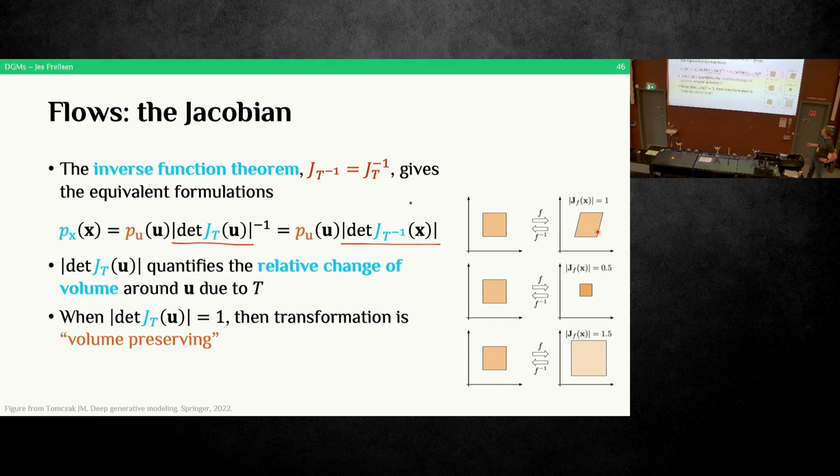Then I get out a square with the same volume. You can also think that if you get a value smaller than 1, then you're shrinking the volume, and if you get a value of the absolute Jacobian larger than 1, then you're expanding the volume around you.